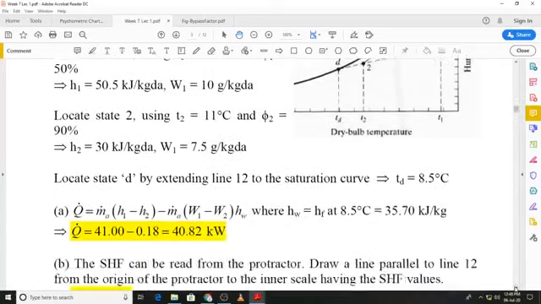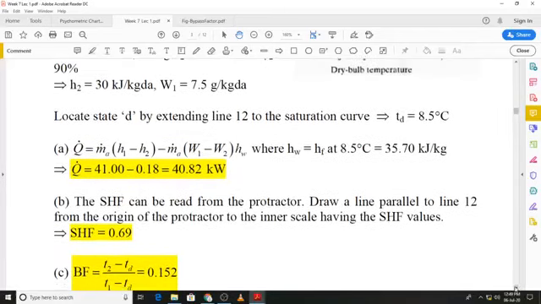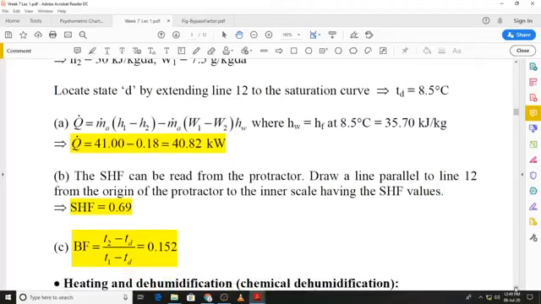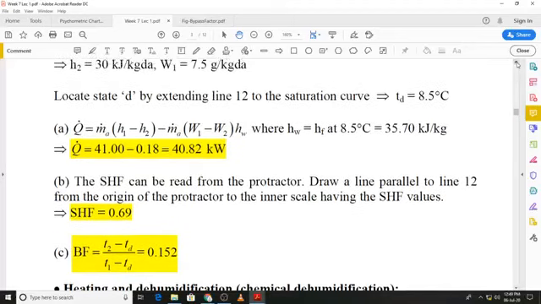Once we have located the state D, we can move on to the capacity of the cooling coil and use the result that was obtained earlier by the energy balance, that is Q dot equals m dot a into (h1 minus h2) minus m dot a (w1 minus w2) into hw.